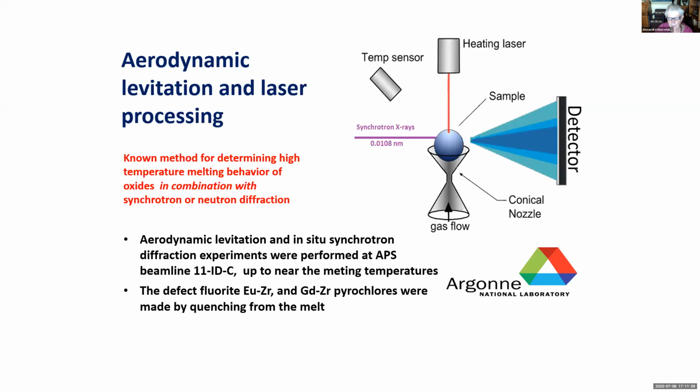So let's talk about aerodynamic levitation and essentially laser processing. One of the difficulties in doing experiments at high temperature is, of course, that everything reacts with everything, and often quite fast. So there is no such thing as a totally inert container, and that is a real problem.